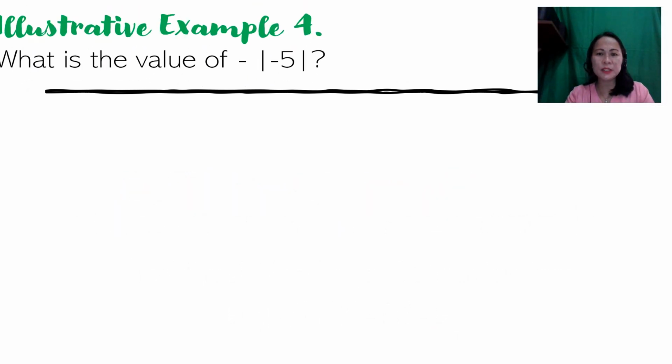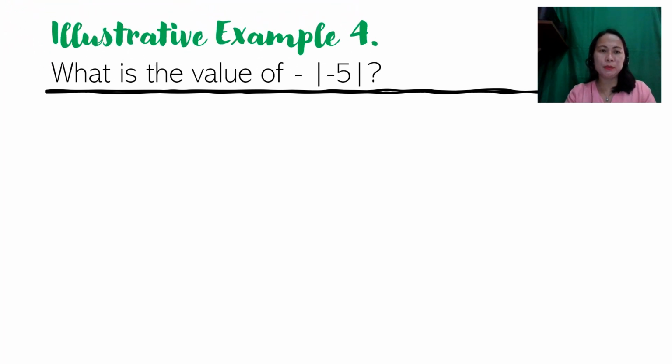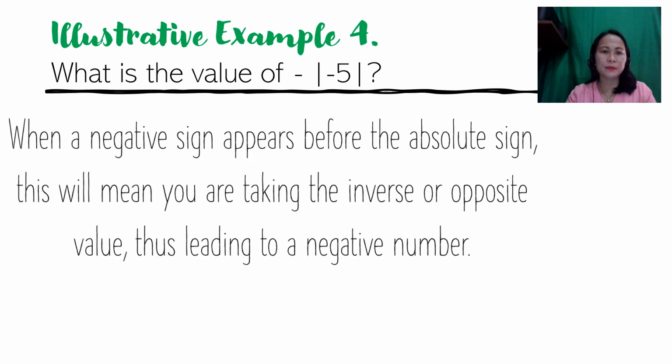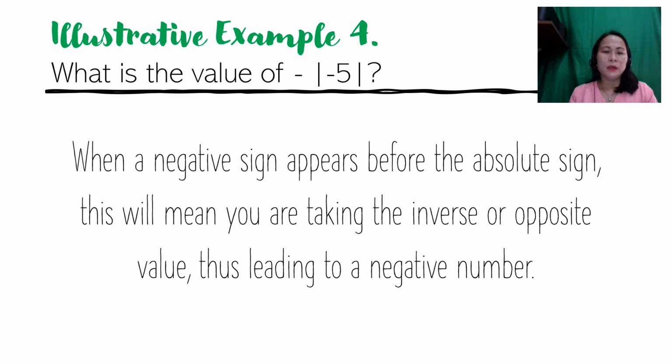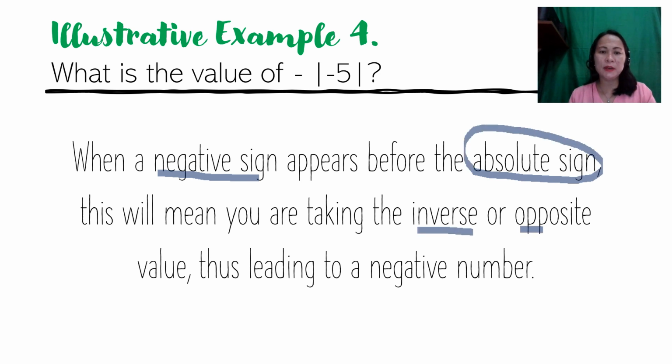Let's have illustrative example number 4 in your module. What is the value of the negative of the absolute value of negative 5? When a negative sign appears before the absolute value sign, this means you are taking the inverse or opposite value, thus leading to a negative number.